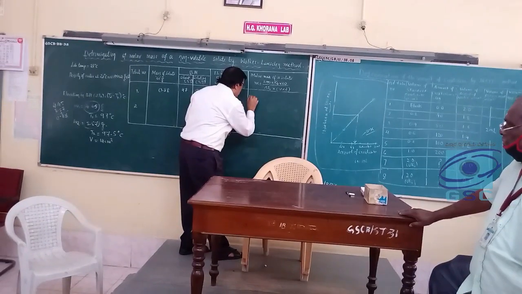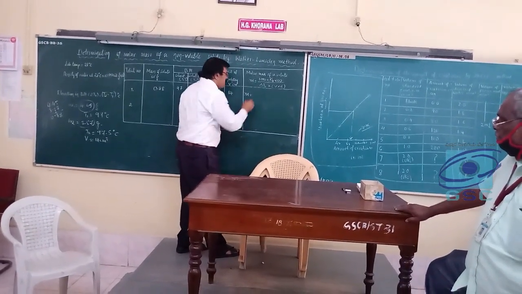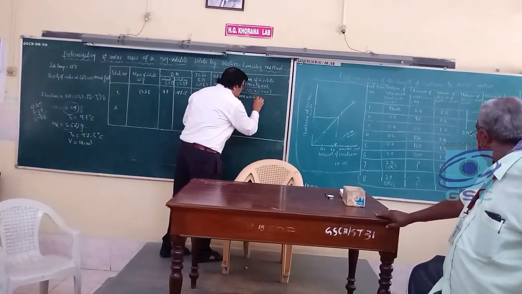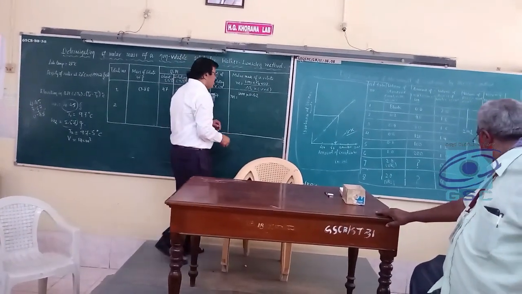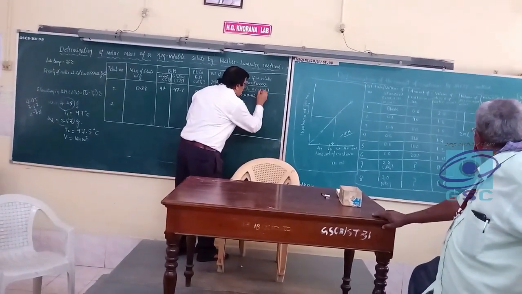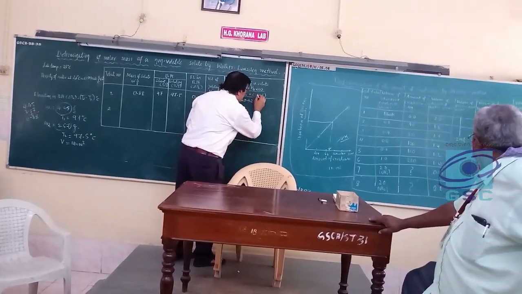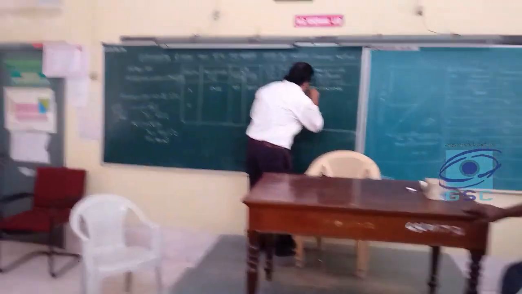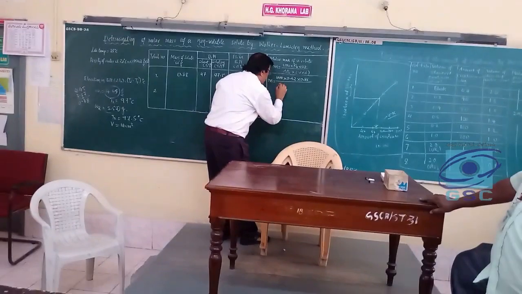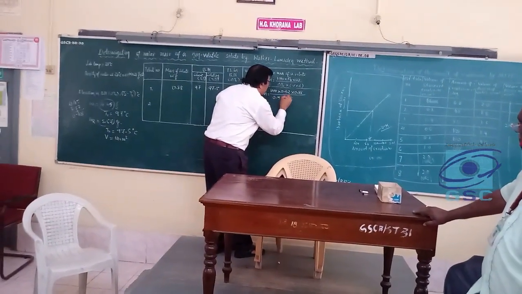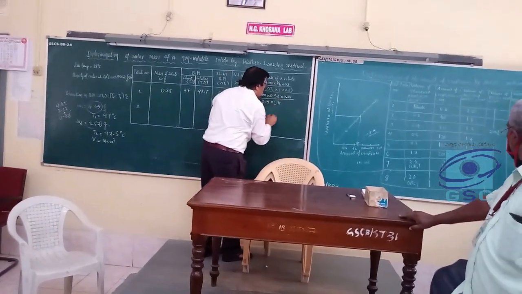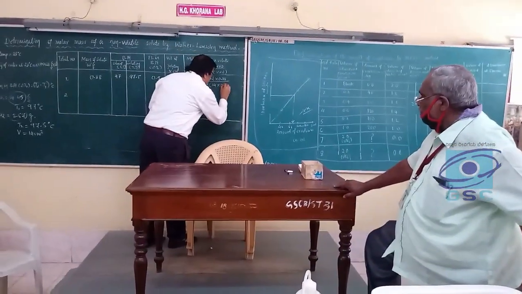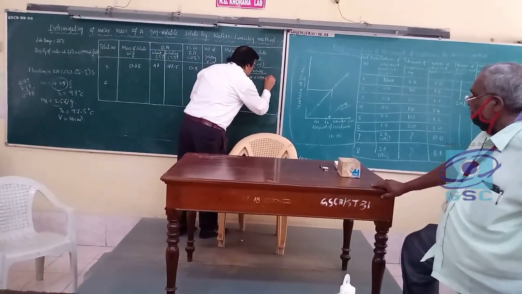Now, by knowing all these values, you can find out the value of molar mass. It is given by 1000 into Kb. The value of Kb is 0.52 for water. Then the mass of solvent taken for the experiment is 0.88, divided by delta Tb, the value of delta Tb is 0.5. Then volume is 14 ml. Then the value of density at lab temperature is found to be 0.9962.